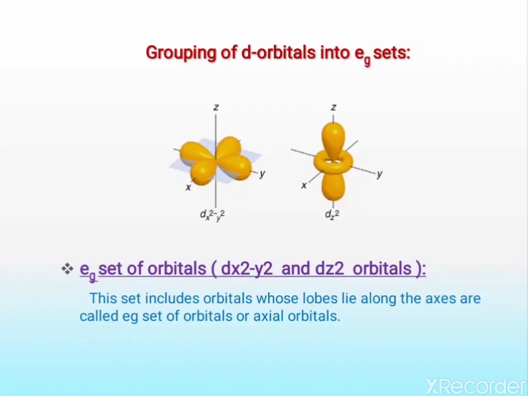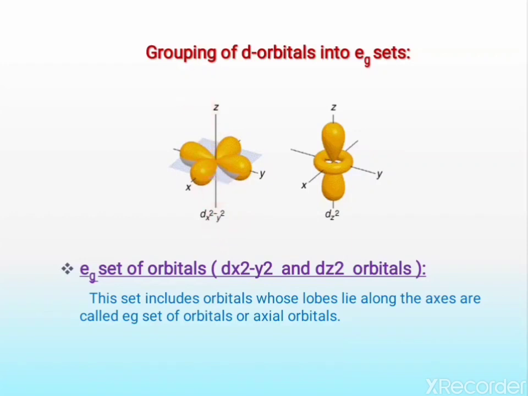The second one is the Eg set of orbitals. The d orbitals can be split into two sets: one is the T2g set and the second one is the Eg set. Here the Eg set of orbitals consists of these two orbitals, dx square minus y square and dz square. Here the lobes of the orbitals are lying along the axis. This is x-axis, this is y-axis, this is z-axis.